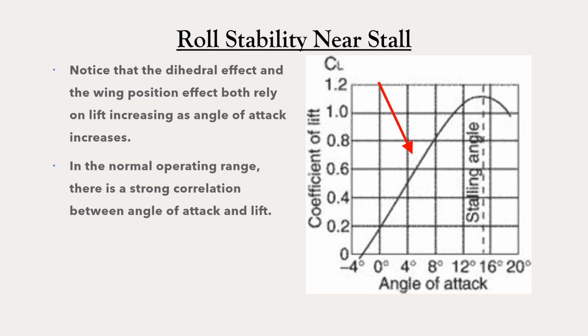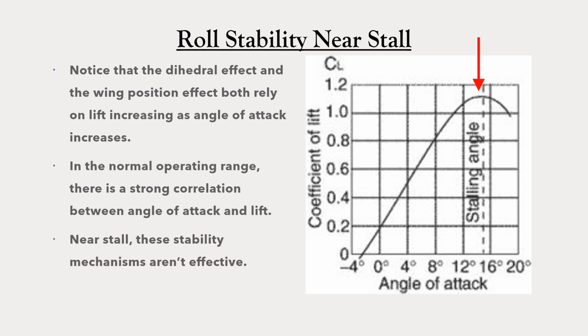Well, in the normal operating range that we fly in, there is a very strong relationship between angle of attack and lift coefficient. However, if we're operating near the stall angle of attack, then that relationship changes. It first flattens out and then actually lift decreases with angle of attack when you get past the stalling angle.